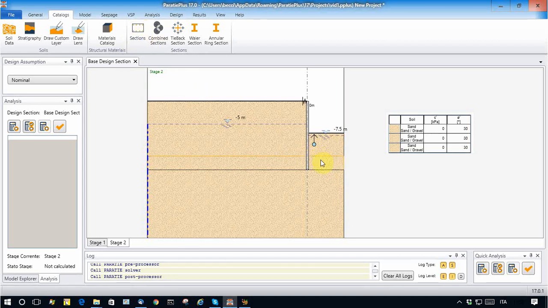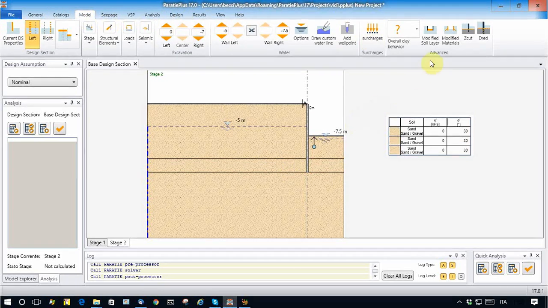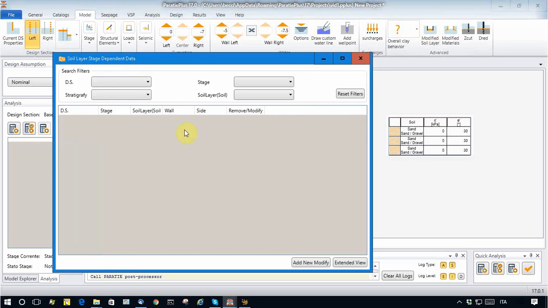This can be done by modifying the property of this soil from this stage on. So we take an advanced feature of Paratie Plus, modify soil layer.